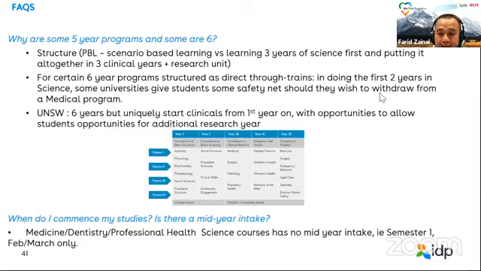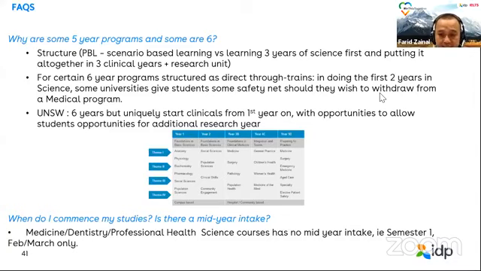Another reason for a 6-year program is that some universities use a structure whereby students embark on the Bachelor of Biomedical Science program first, skipping the first year of the MD program and completing it with the last 3 years.